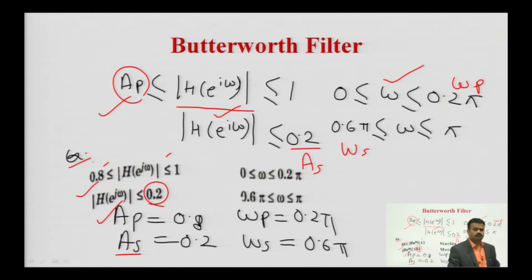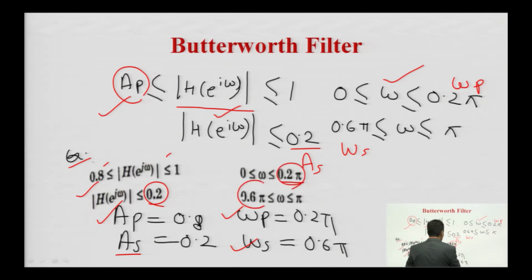From this generalized form you can easily calculate omega p, the pass band digital frequency, and omega s, the stop band digital frequency. Here it is 0.2 pi and 0.65.